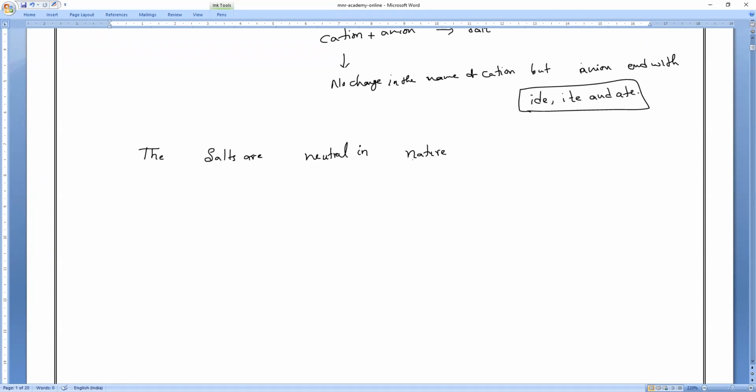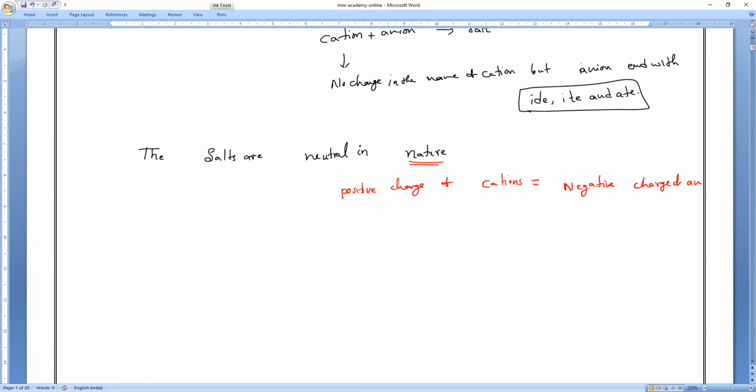What is the reason? The positive charge of the cation is equal to the negative charge of the anion.